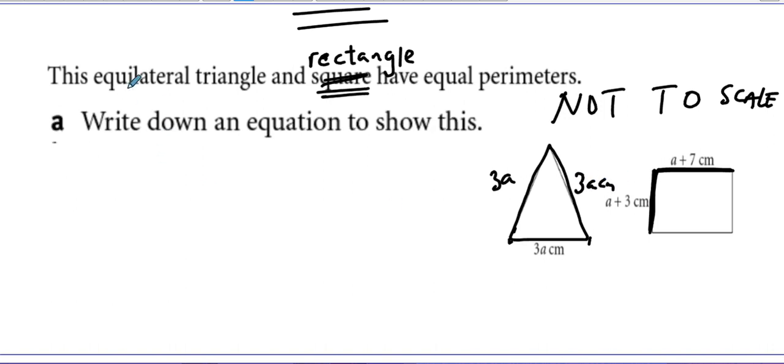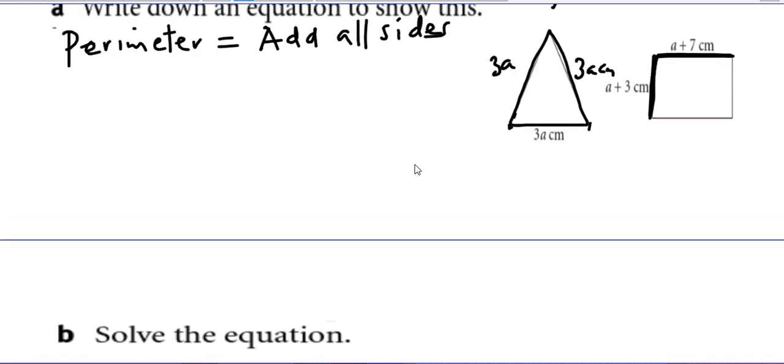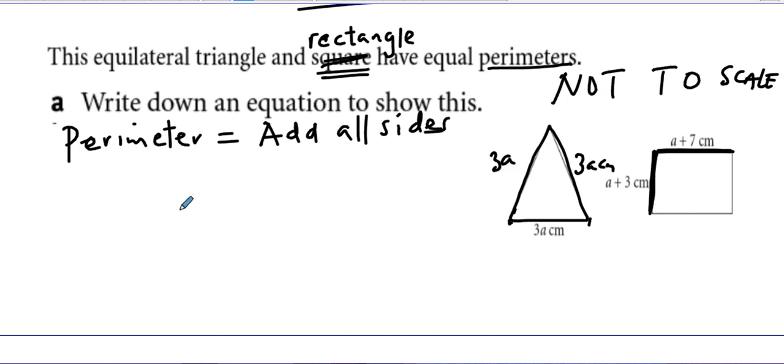So the question is, this equilateral triangle and the rectangle have equal perimeters. To find the perimeter, we simply add all sides. Write down an equation to show this.